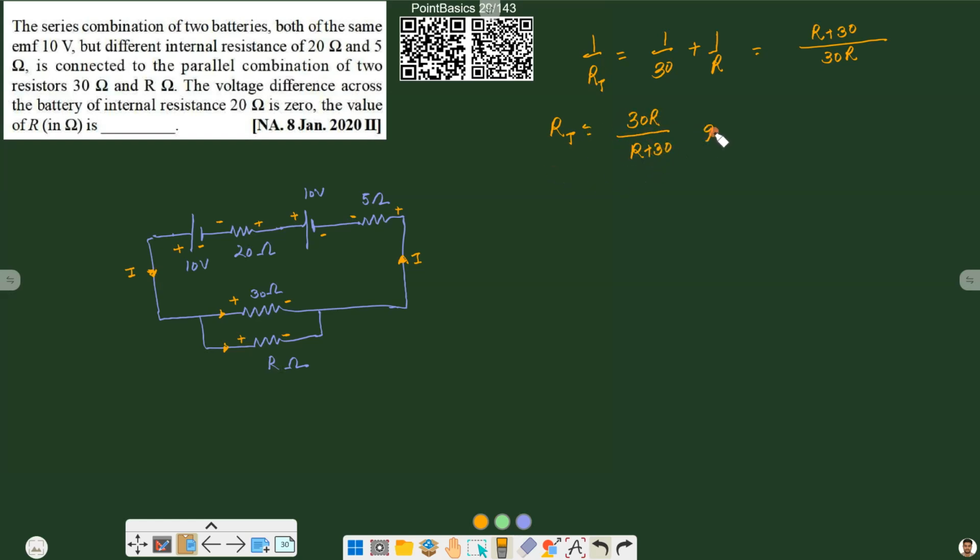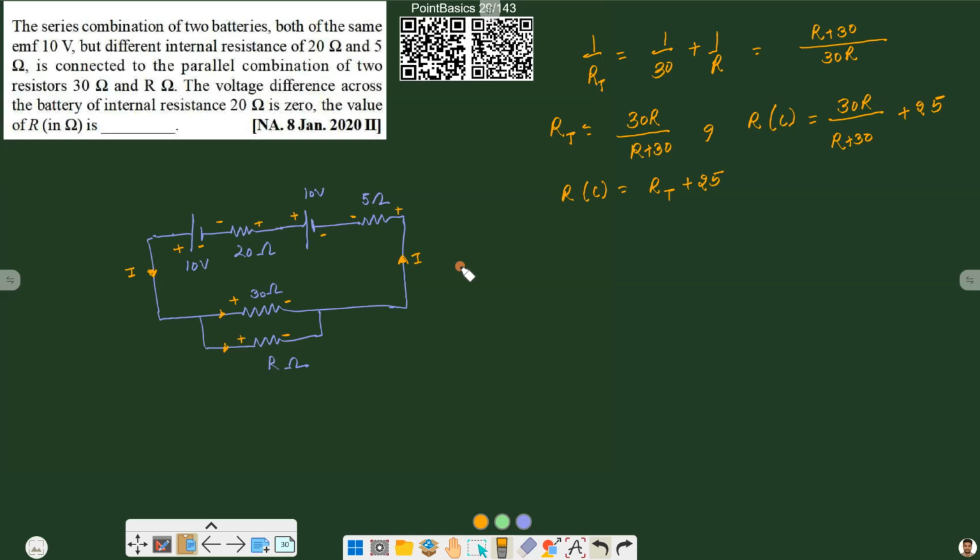Now the total resistance of the circuit will be 30R divided by R plus 30, plus 5 plus 20, so plus 25. So we can say the resistance of the circuit is equal to RT, the parallel combination of both of these, plus 25.